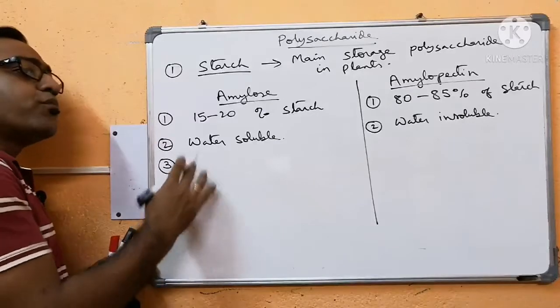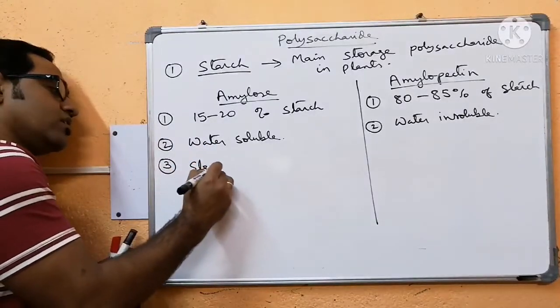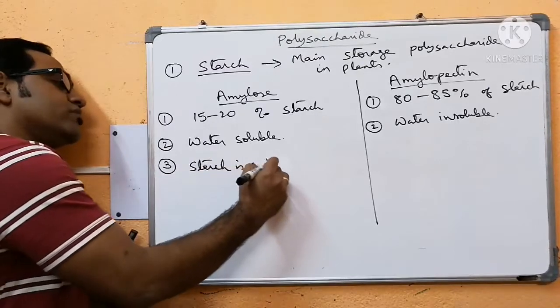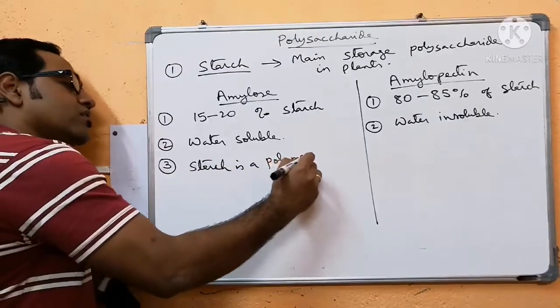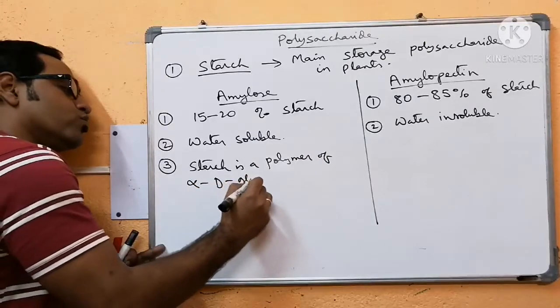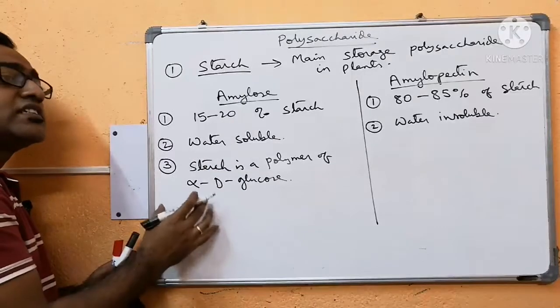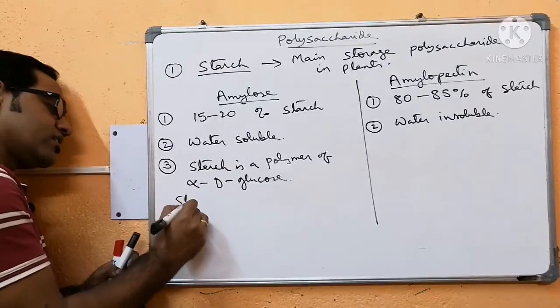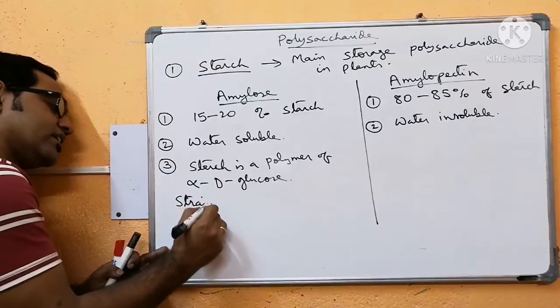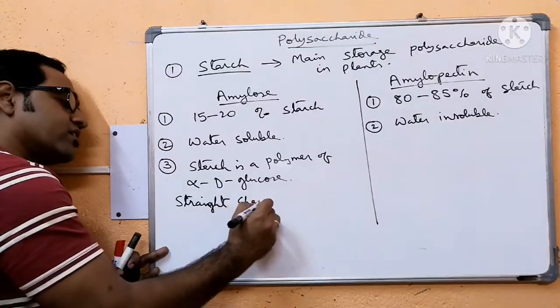Now, starch is a polymer of alpha D glucose.